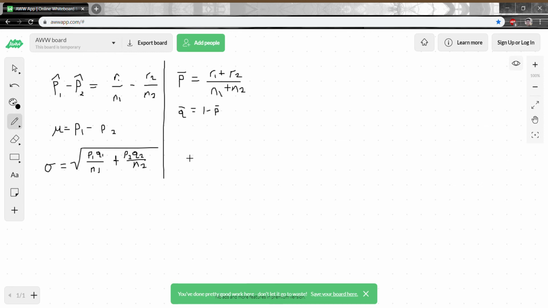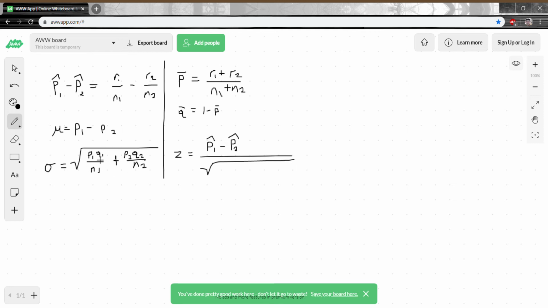With this new variable, we can create a new equation for our test statistic. Z is going to equal P1 hat minus P2 hat. We will be given the data to be able to calculate that, and that's going to be divided by the square root. It's going to be our sigma.